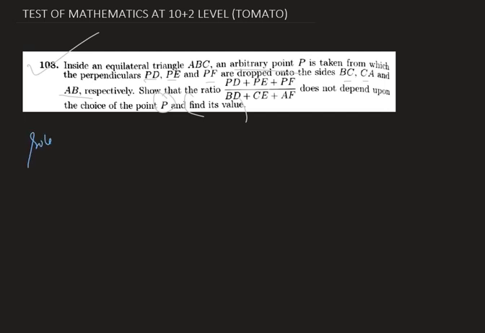तो चलिए इसके सॉल्यूशन करने की कोशिश करते हैं। तो सबसे पहले हम डायग्राम ड्रॉ कर लेते हैं। This is the triangle ABC. Okay, and let P be an arbitrary point in the triangle, and the perpendiculars PD, PE and PF are dropped onto BC, CA and AB.